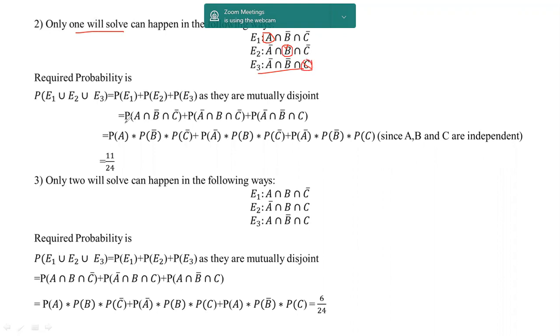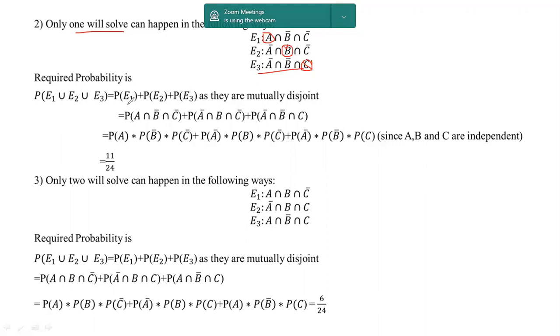With respect to probabilities, we have to take the probability of E1 or E2 or E3, since any one of the situations may occur. The probability of E1 union E2 union E3 is equal to probability of E1 plus probability of E2 plus probability of E3. All three events are mutually exclusive, so we ignore the intersection terms.